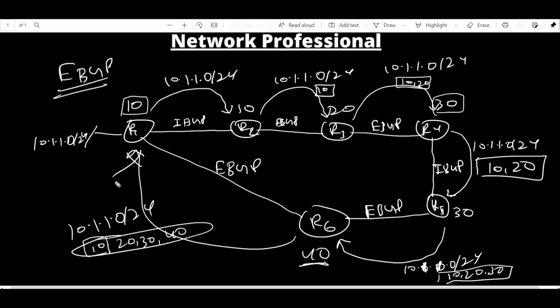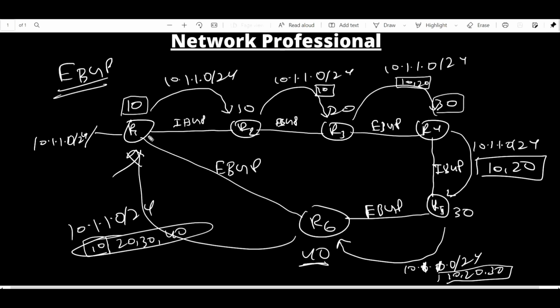So this is how we avoid loops in eBGP. So rule number 2 is whenever a router receives a prefix from an eBGP router and finds its own AS number in the update, the router will never accept that update.